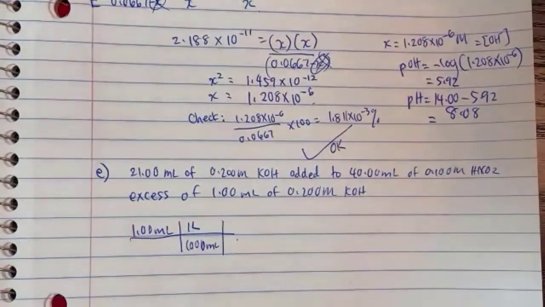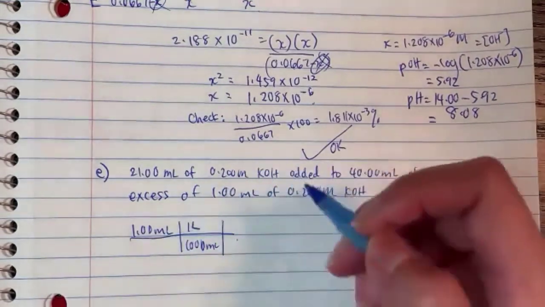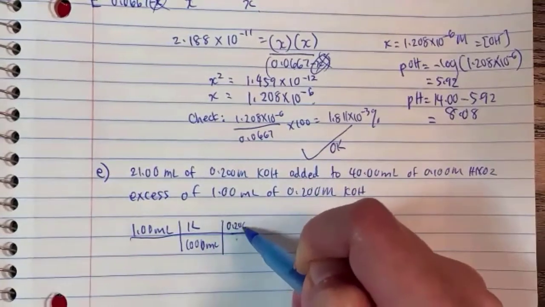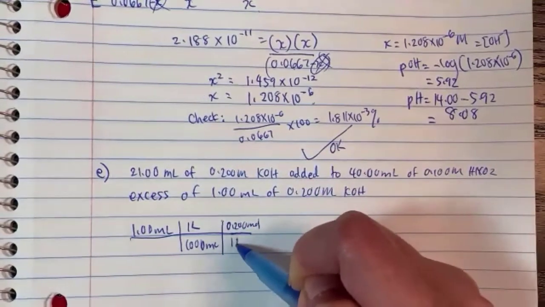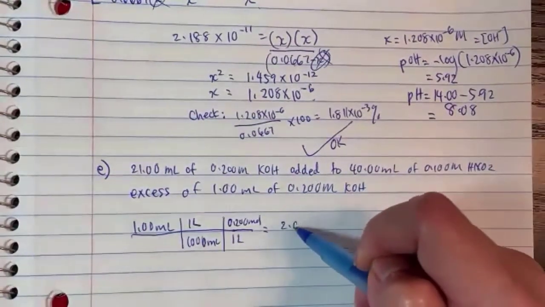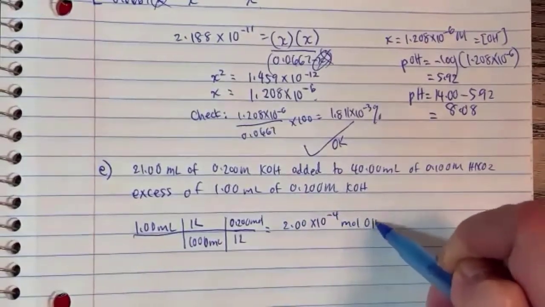And then we want to do the molarity, 0.200 moles over 1 liter. So you have 2.00 times 10 to the minus 4 moles of hydroxide.